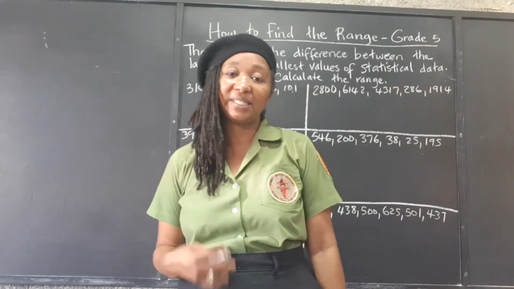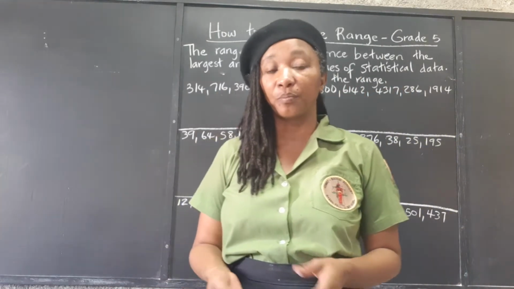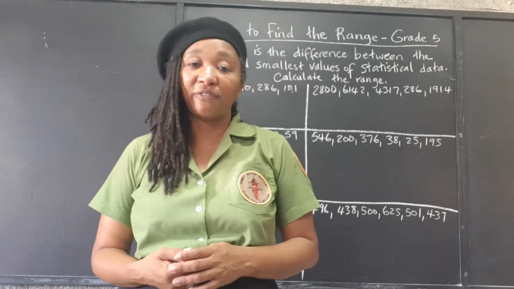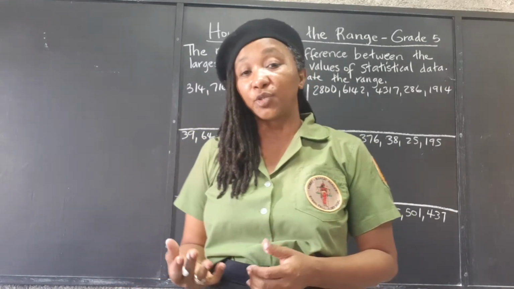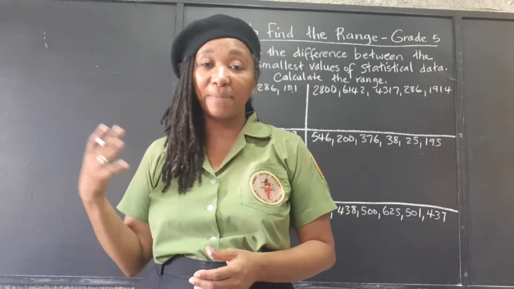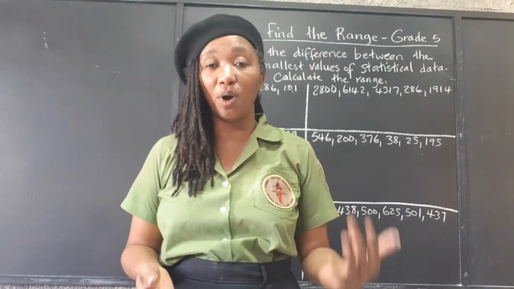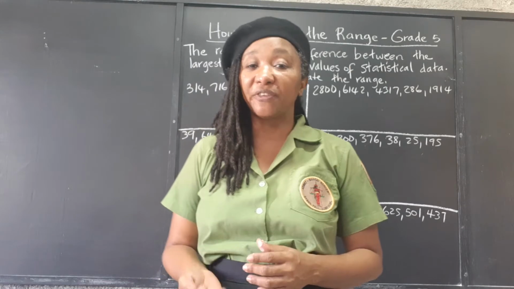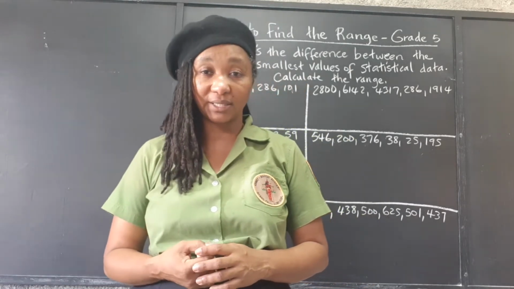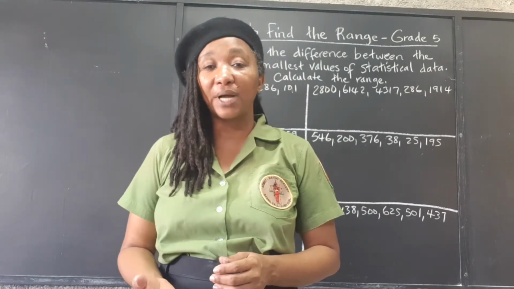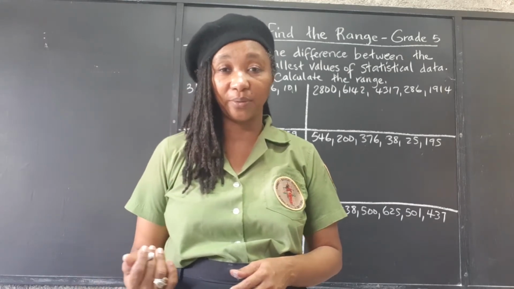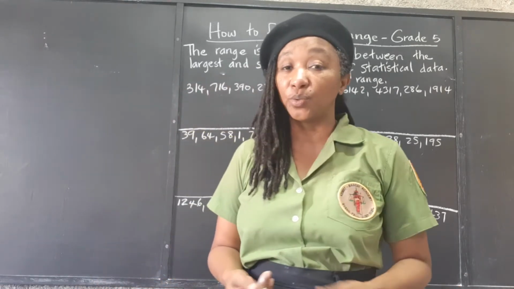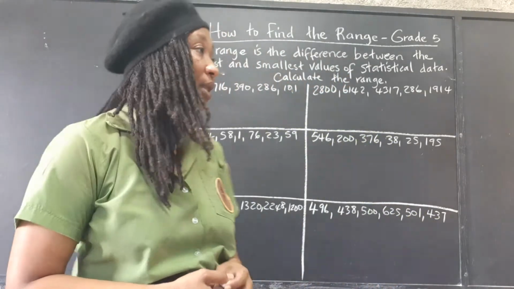So when we're given data or information in terms of numbers, the range will be the difference between the biggest number given and the smallest number given. So you know difference means we're to subtract. So we're going to subtract the smallest value from the largest value. And that's all we do to find the range.